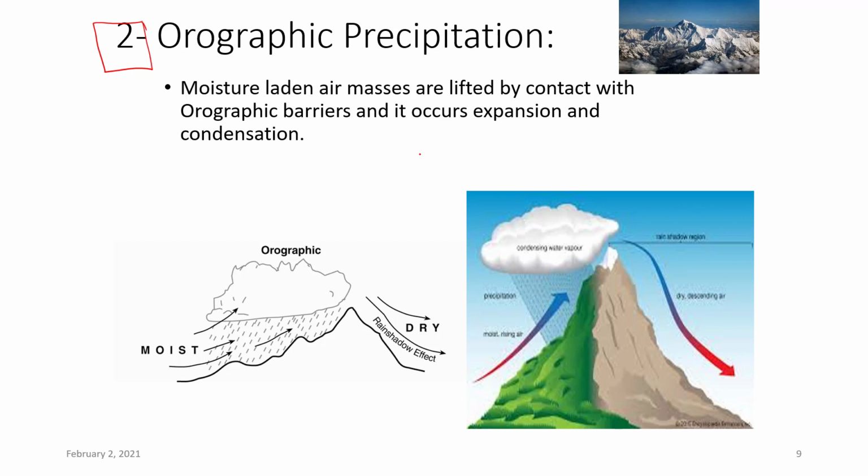In the first type, remember, the clouds are formed, or the water vapor is transported, because of the hot air, because of the sun's energy. But now in this case, we have an orographic barrier, which means, for example, a high mountain.